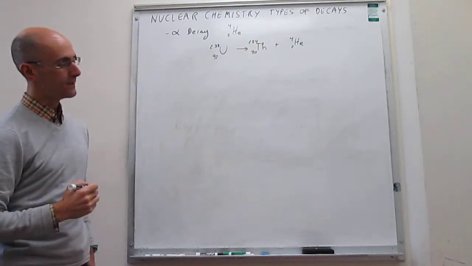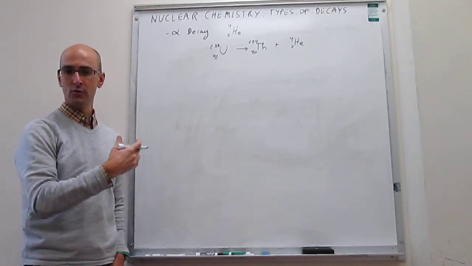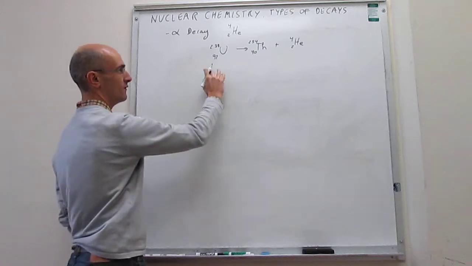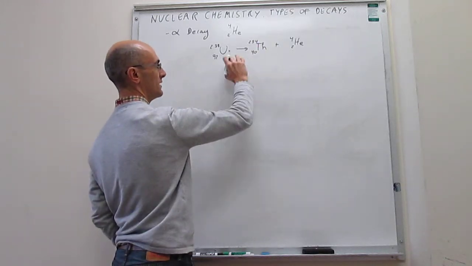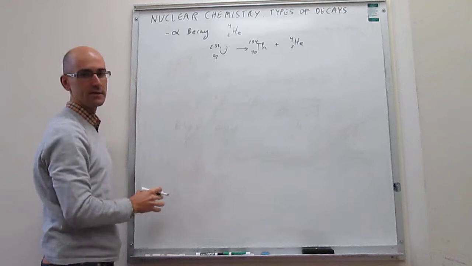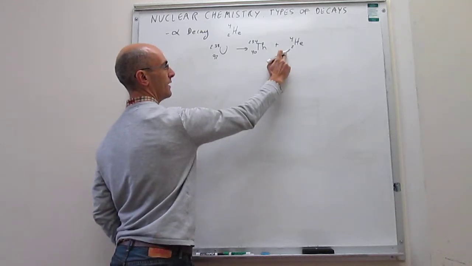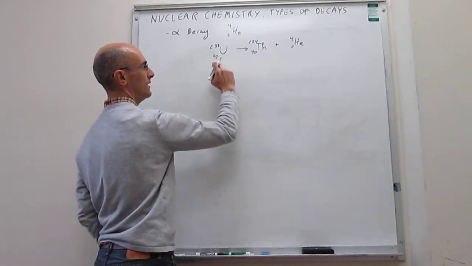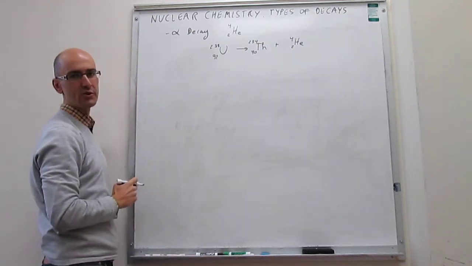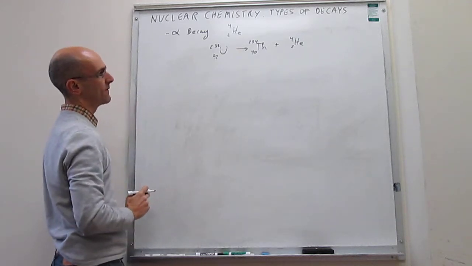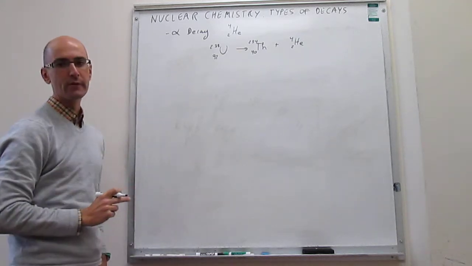Something that is important about these nuclear chemistry equations is that the sum of protons and neutrons in reagents and products has to be the same. Notice that if we add up all of the protons in the products, that is 92, the same as the number of protons in the reagents. The same thing happens for the mass number, and therefore for the number of neutrons.